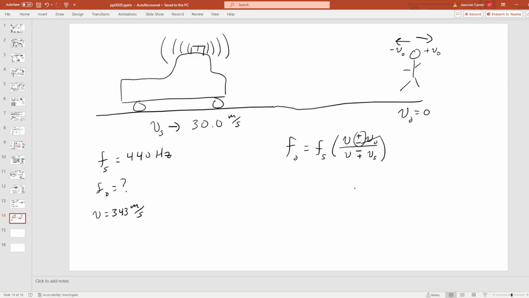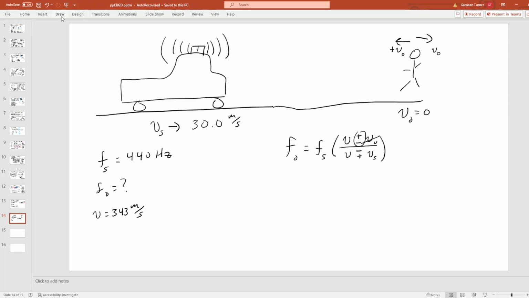Actually, is that true? Scratch what I just said. If that's the case, this would be plus and this one would be minus.